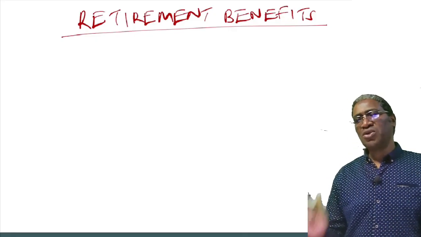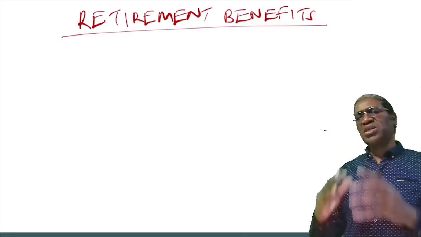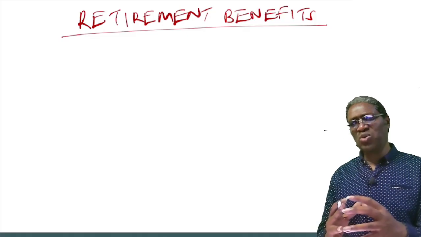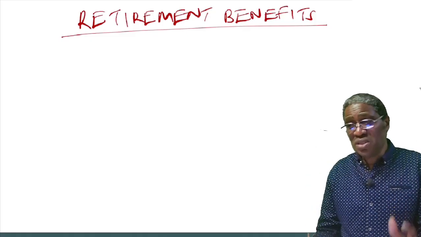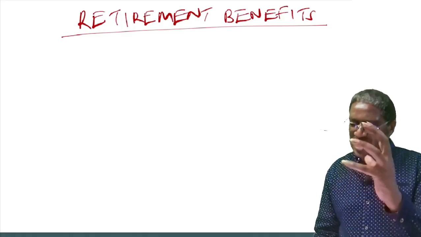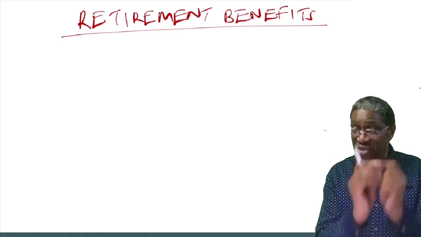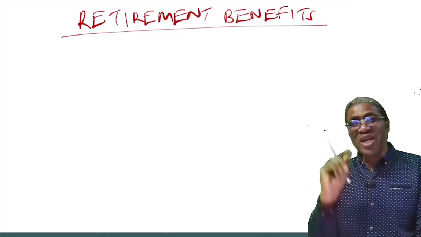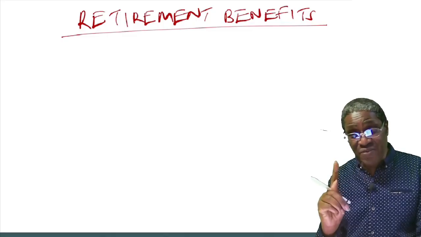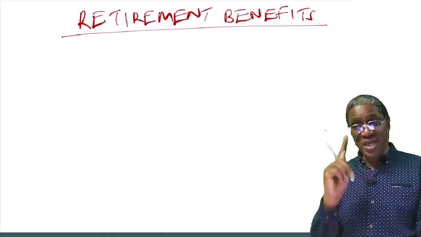Now, you remember what is a pension scheme, or what we can call a retirement scheme. Of course, a retirement scheme is an arrangement whereby the employer normally promises to provide benefits to the employees when they retire.